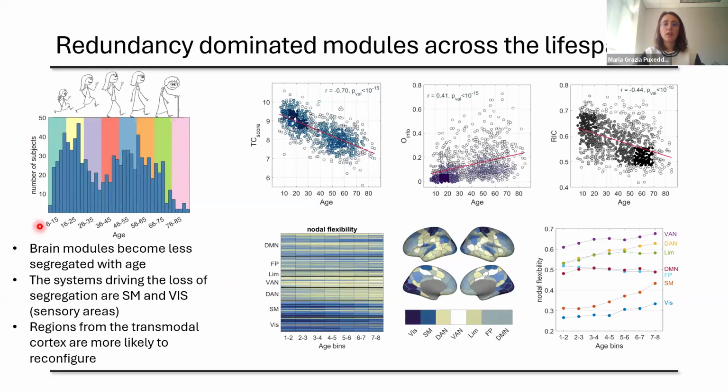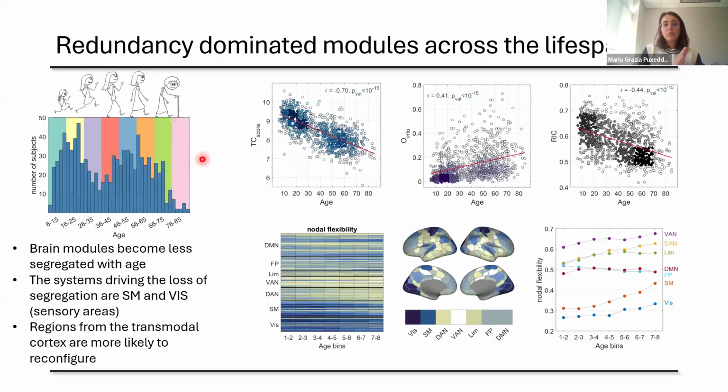So we have the first age bin that comprises people from 6 to 15 years old. Then the second bin comprises people from 16 years old to 25 years old, and so on until we have the last bin that comprises people between 76 and 85 years old.